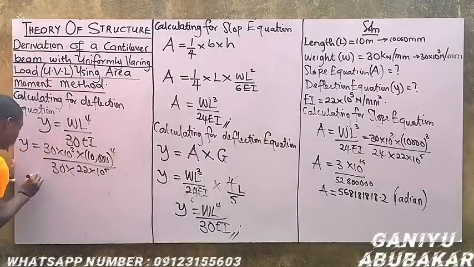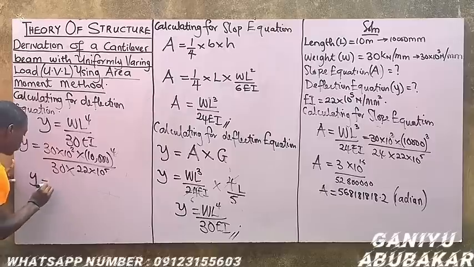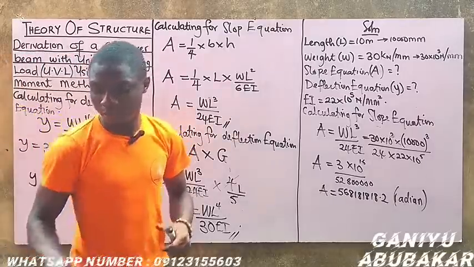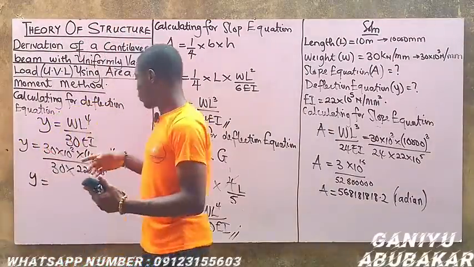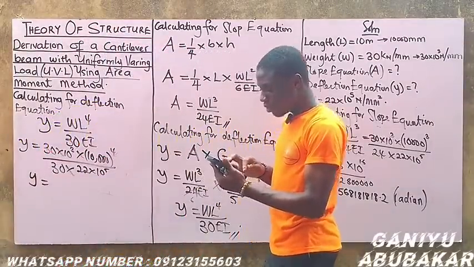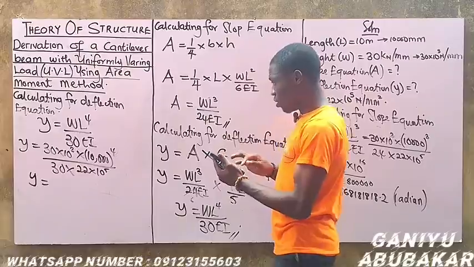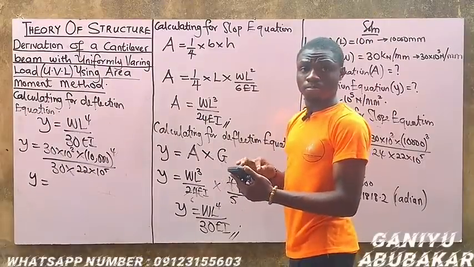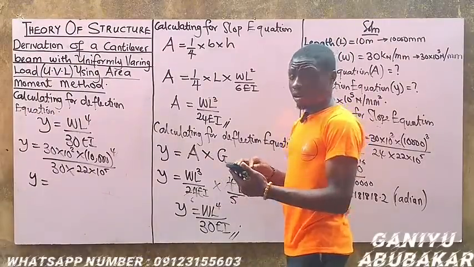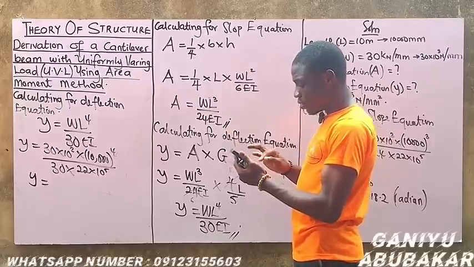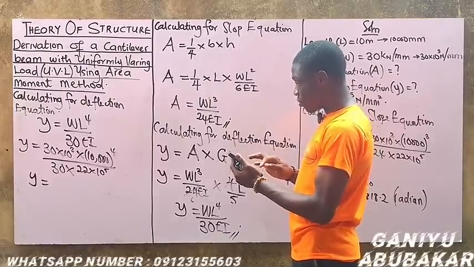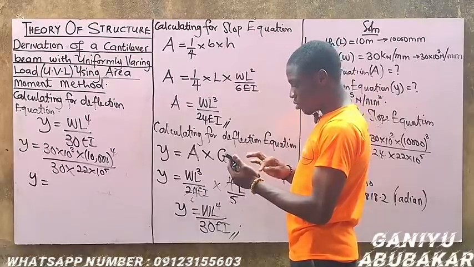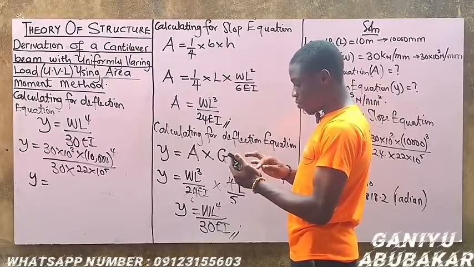So if I multiply numerator and denominator together, what will I have? I'll multiply the numerator, 30 times 10 to power 3 multiplied by 10,000 to power 4.